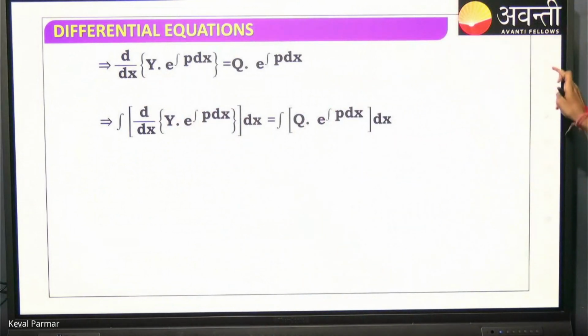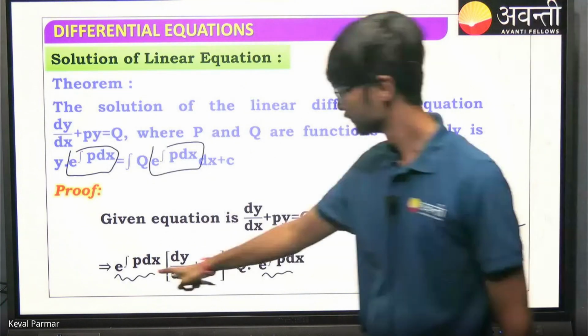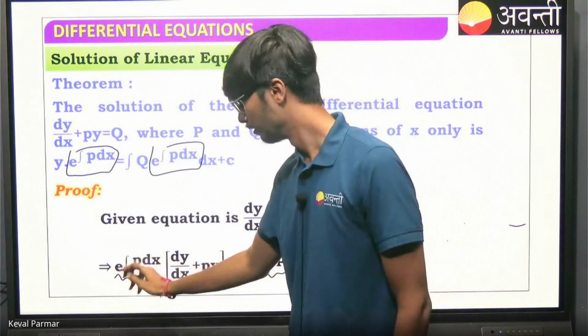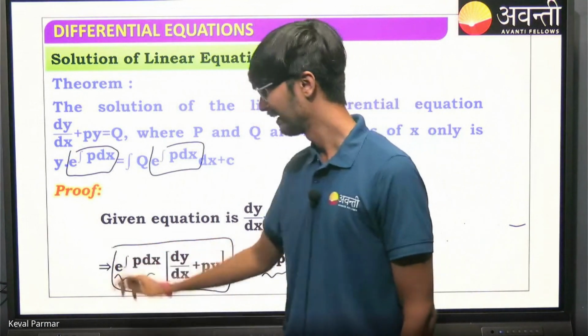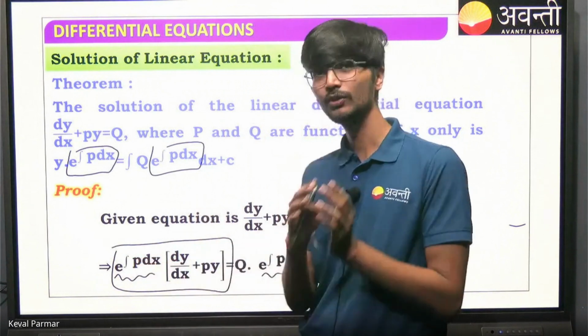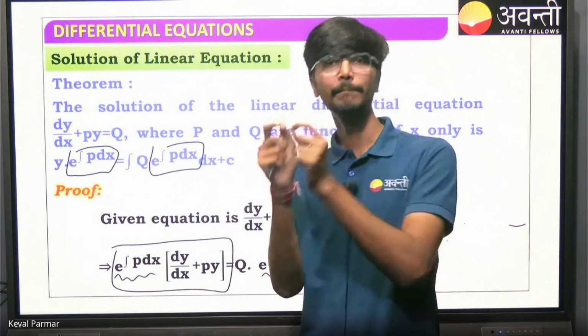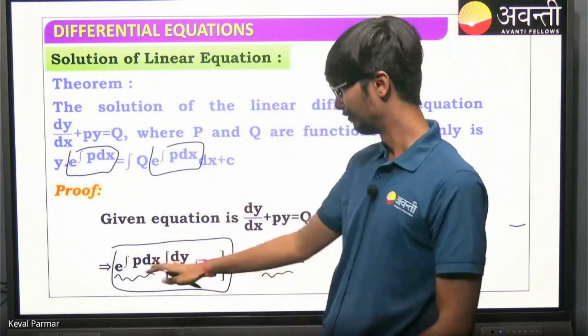If you can't see this format, this whole can be written as derivative of e raised to integral p dx into y. Then if we apply the uv rule, u derivative of v plus v derivative of u, we will get this.